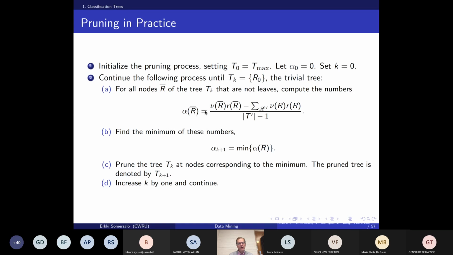So I'm calculating these numbers, and then I'm choosing the minimum of these numbers, and I'm calling this alpha k plus 1. And then I'm pruning my tree at the node that corresponds to the minimum alpha, and I denote this new tree by tk plus 1, and then I continue.